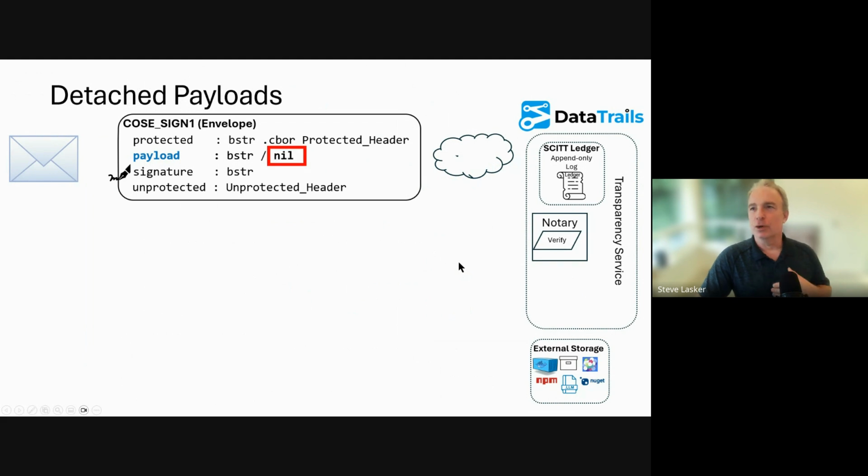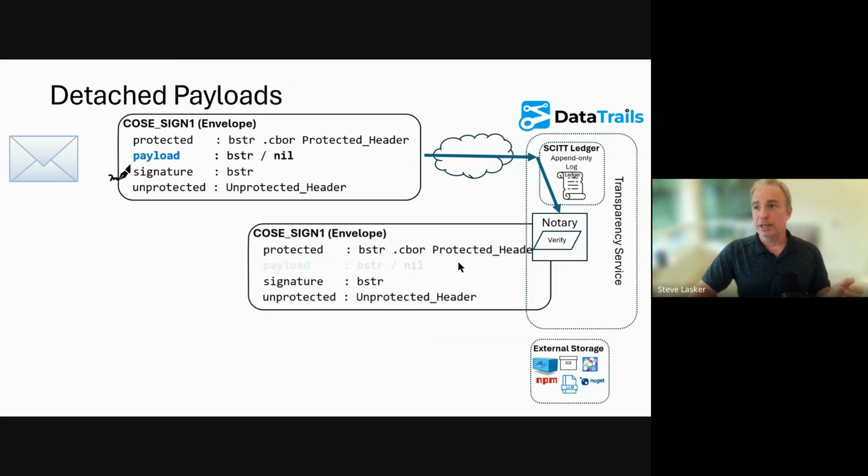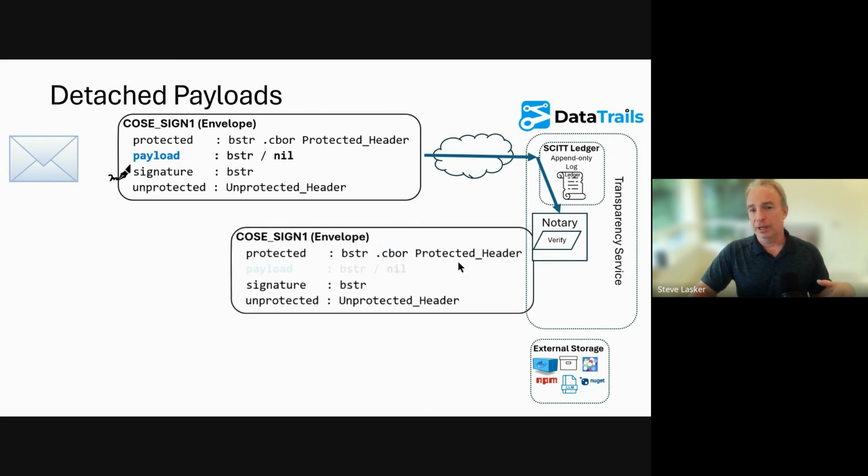So, Cozy defines a payload that can be nil. You can empty the payload so you can share the envelope more efficiently, which sounds great until we start layering in how we think about this with SCITT. We're trying to verify that the signed statement as it gets registered is from the issuer and has an integrity check.